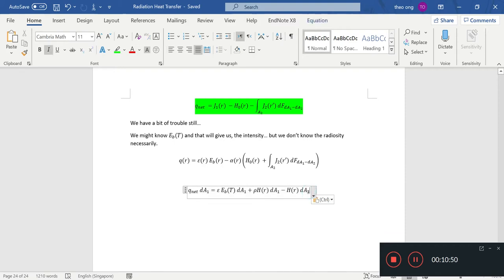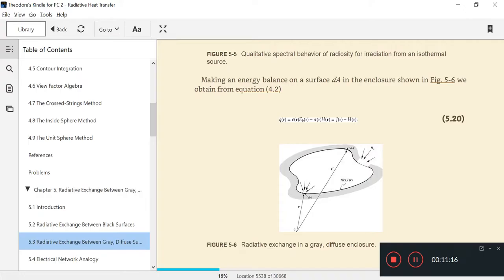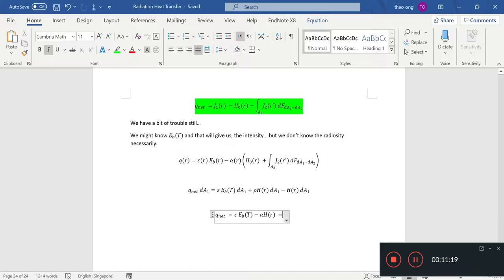I'm just going to restate it as alpha minus alpha HR, and that should be equal to, I'm going to get rid of the dA ones as well, just divide throughout, because remember one minus rho is alpha in this case, and that equals JR minus HR.